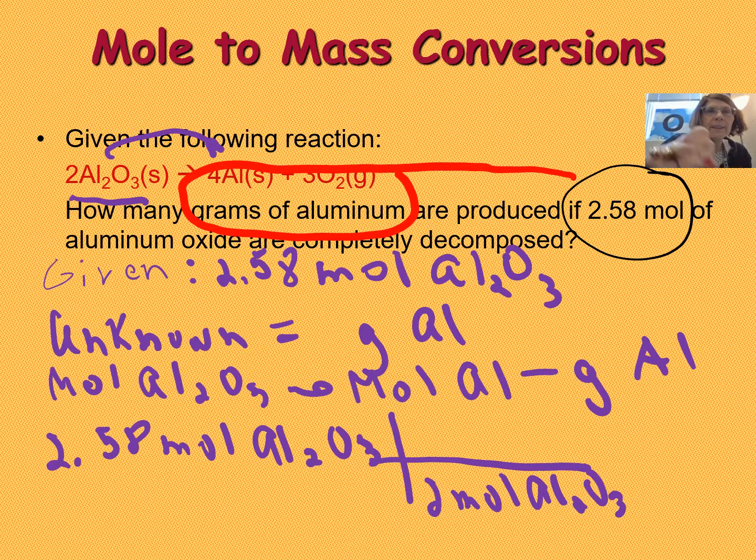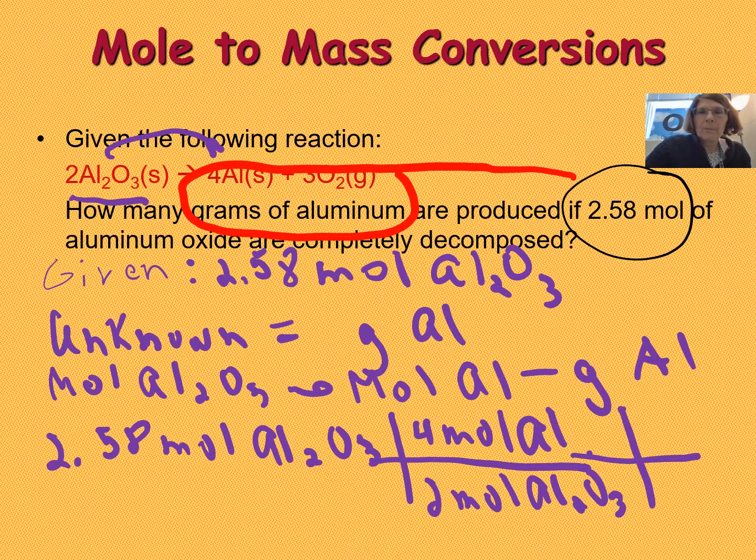So we're going here to here. So 4 moles of aluminum goes on top. The thing I want goes on top. So we're going for 1 mole of aluminum down here.